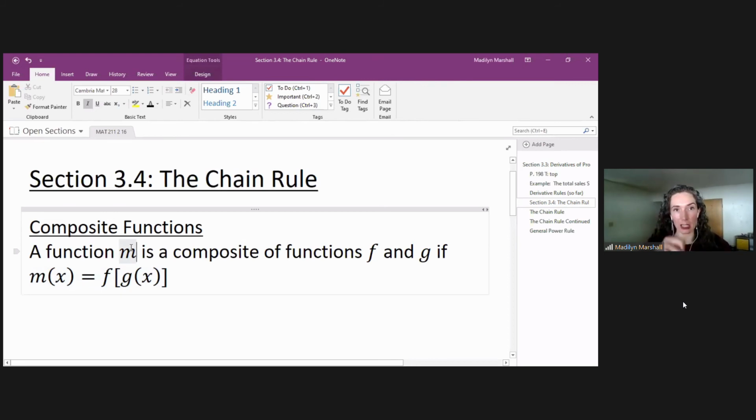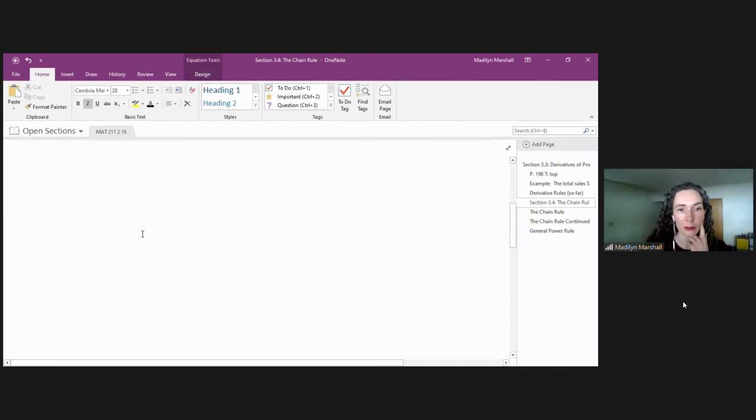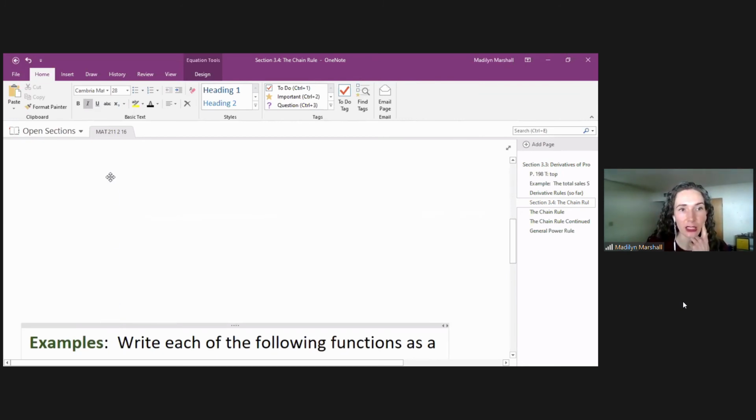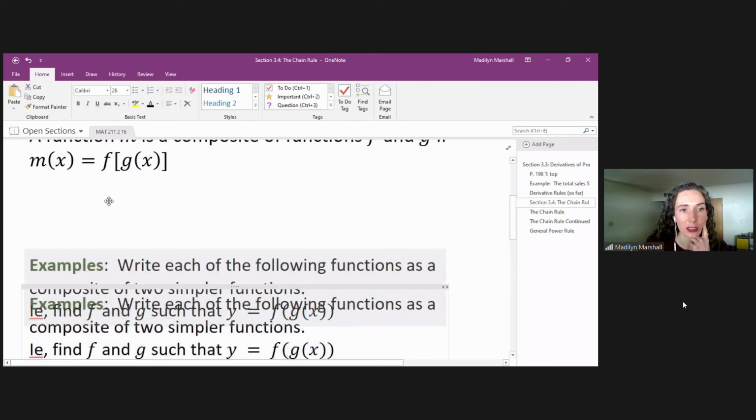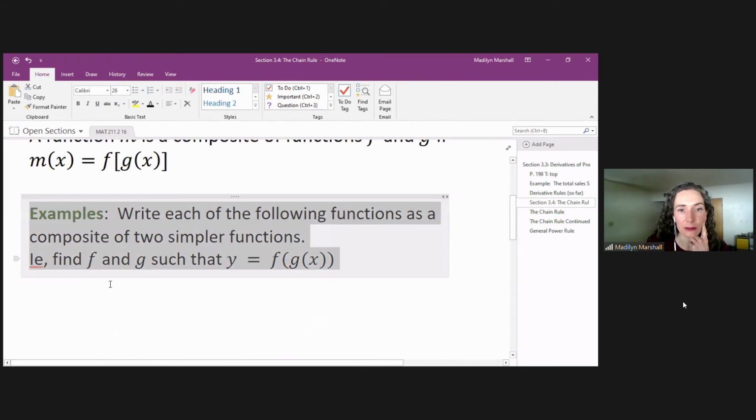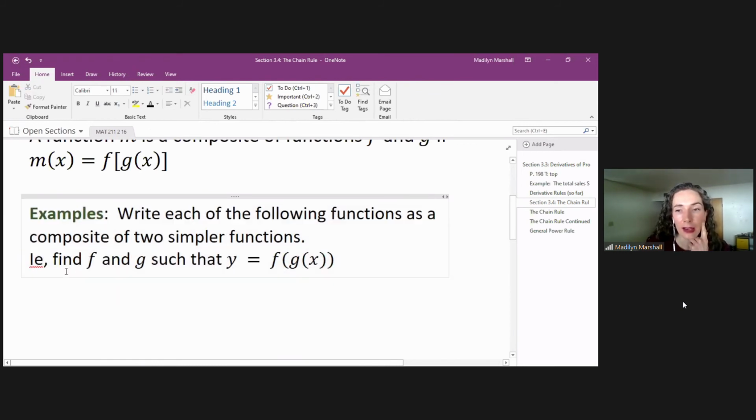Anytime we have a function in a function, we have to use the chain rule. So before we get to what the chain rule is, we're going to do a few examples identifying a composite function and what its sub-functions are.